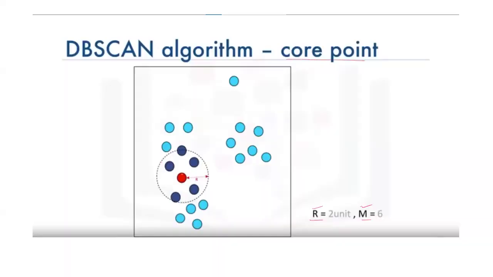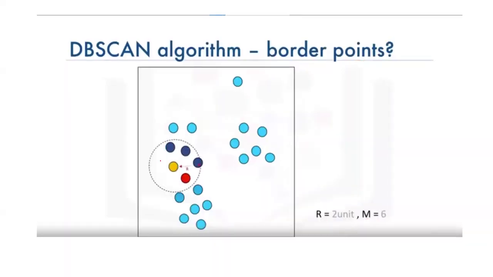This is my core point, and the minimum number of neighbors I am considering is 6. It will consider this radius of 2 units, and in that radius, it will see how many observations are falling, and that will be mapped to this particular core point. This is the first step.